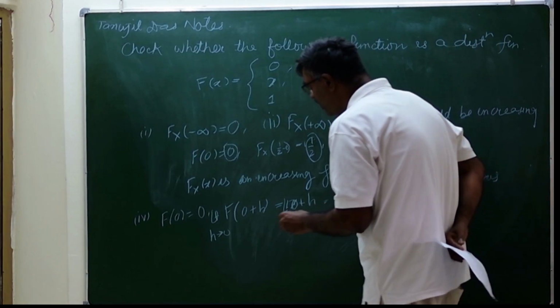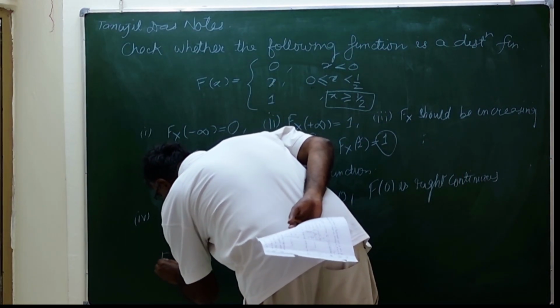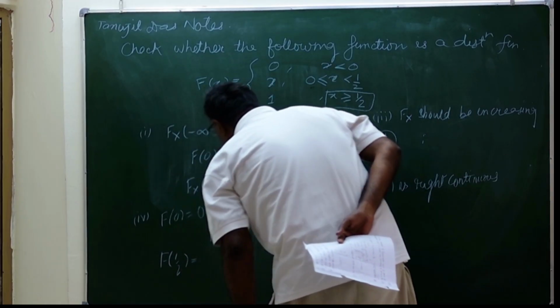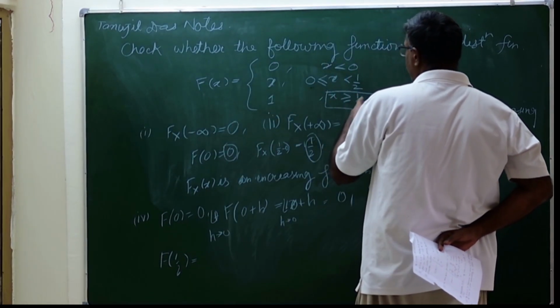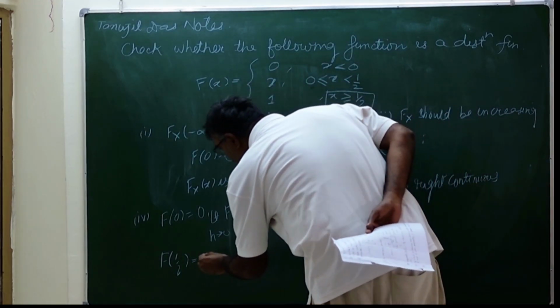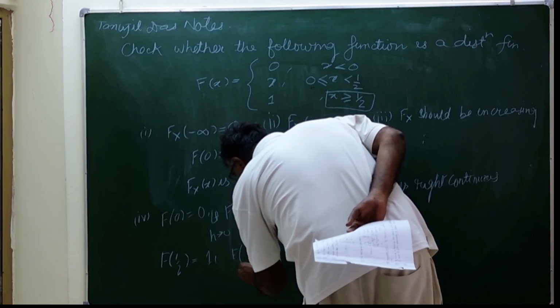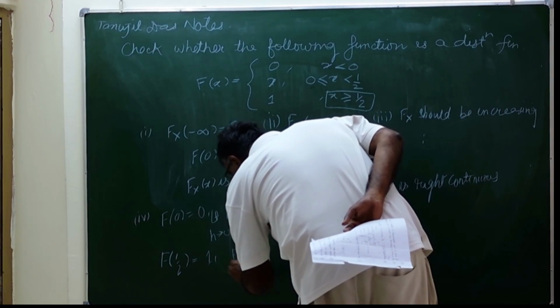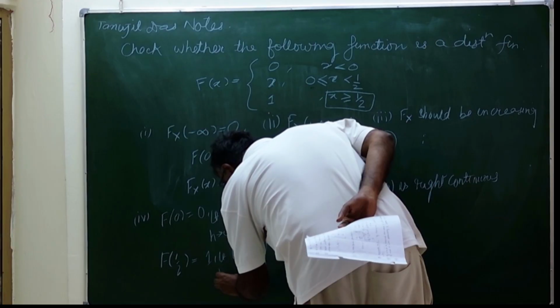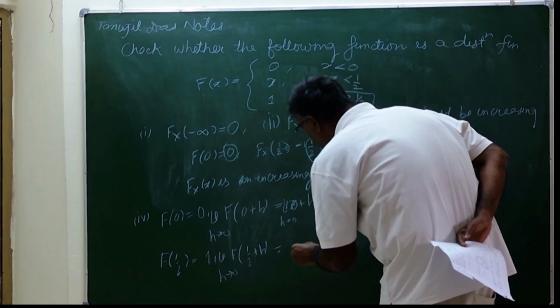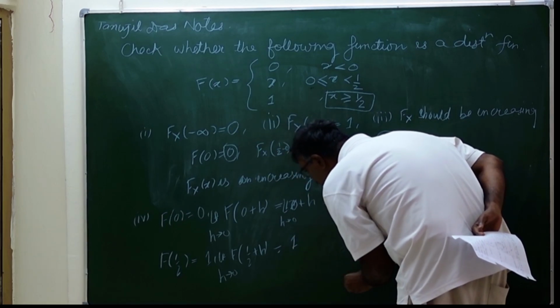And similarly F at 1 by 2, we are given that it is 1, and also F at 1 by 2 plus h, limit h tends to 0, it is also 1.